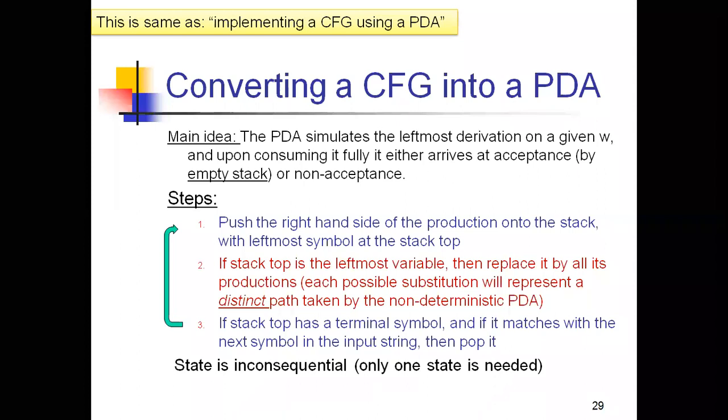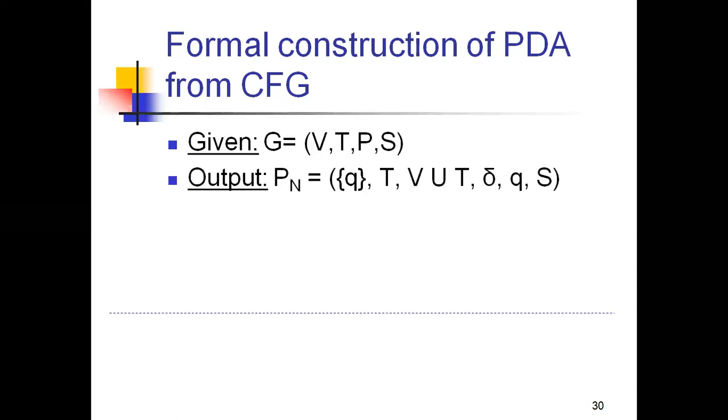And here, only one state is needed. And this is the formal construction of a PDA from the CFG. My input is G equal to (V, T, P, S), and the output that I need here is P_N. P_N is nothing but a PDA, a non-deterministic PDA, that means Q, and so on. That means here we have 7 tuples, right?